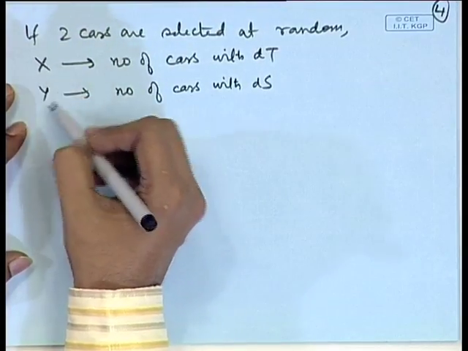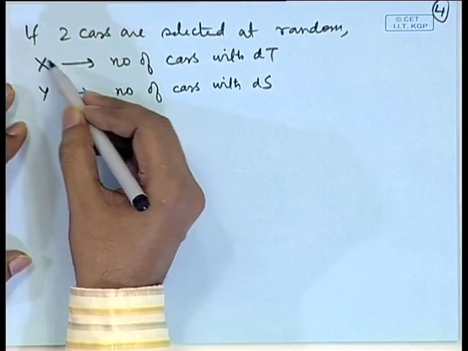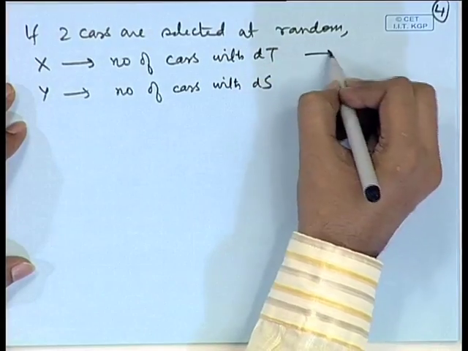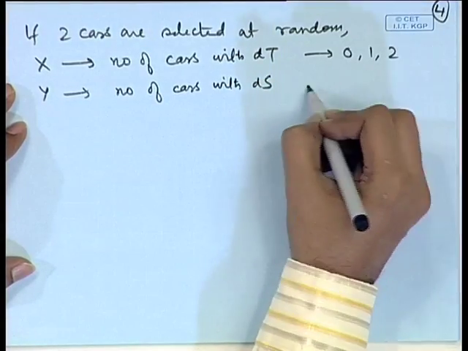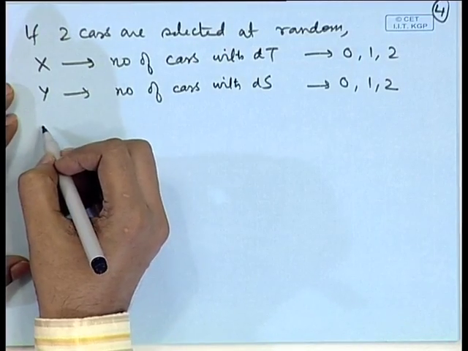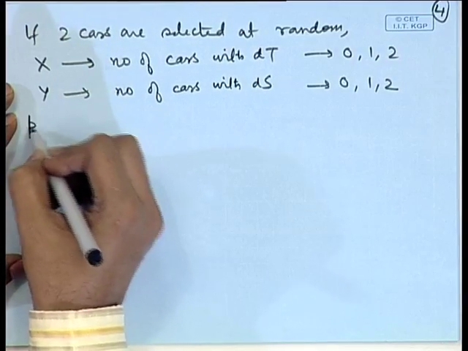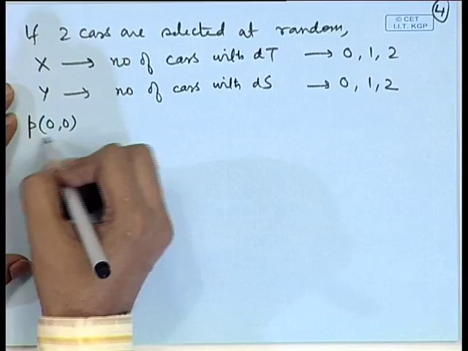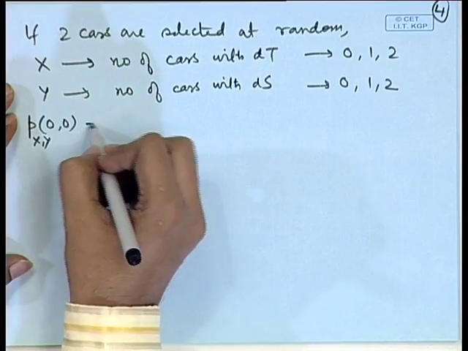So, here (x, y) is a discrete random vector, both x and y can take values 0, 1, 2.